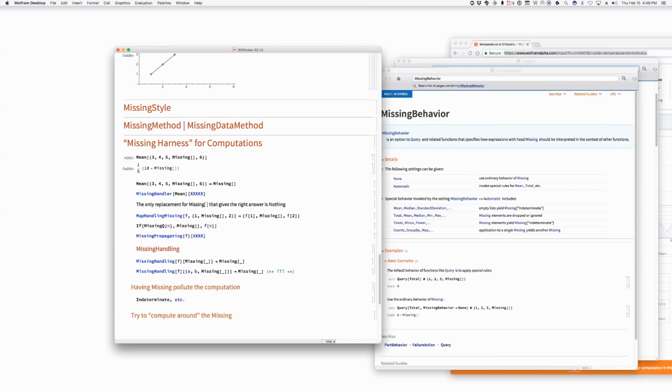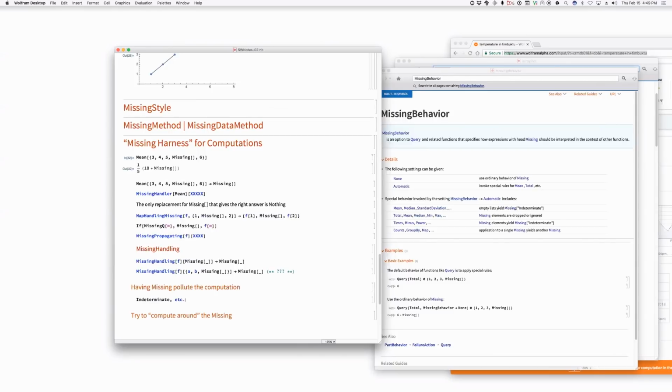But none of this is related to the visualization functions. All of this missing propagation stuff isn't what's relevant there. The visualization functions just take what they have. They're not going to munge the data. They're just looking and seeing, can I plot it or not.